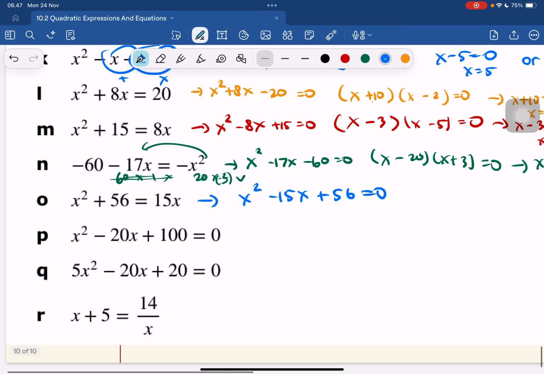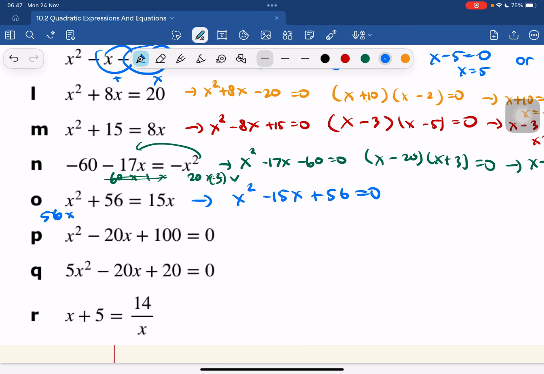To make it 56: 56 times 1, no. To make it 2, let's check 2 times 28, no. To make it 15, we got it: 7 times 8, minus 7 times minus 8.